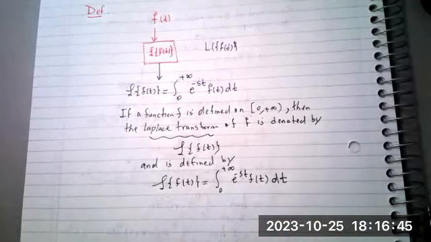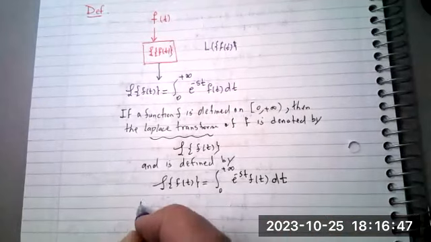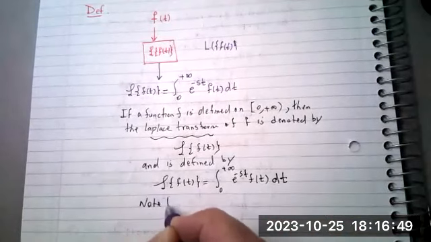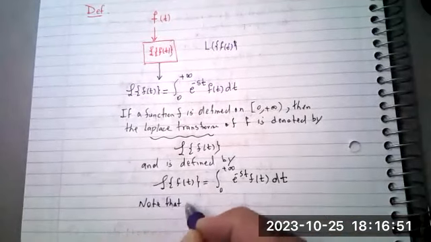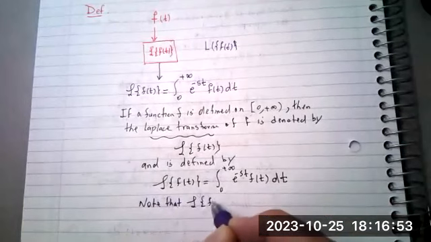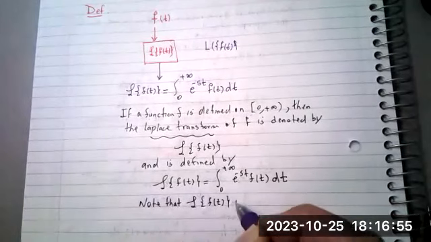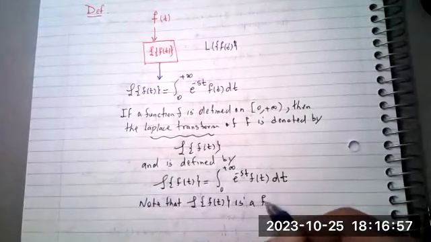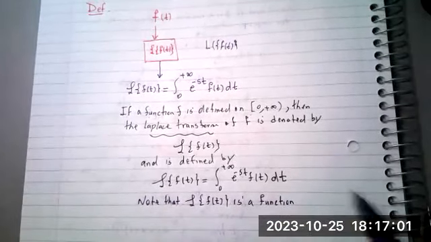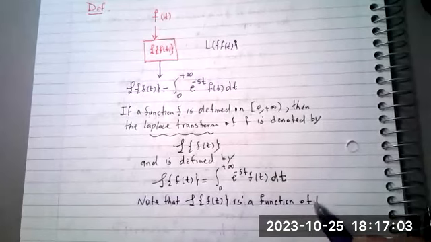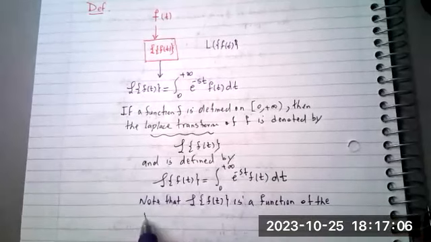Now, the thing that you have to consider is this one. Note that this function, L of f of t, is a function of the variable s.